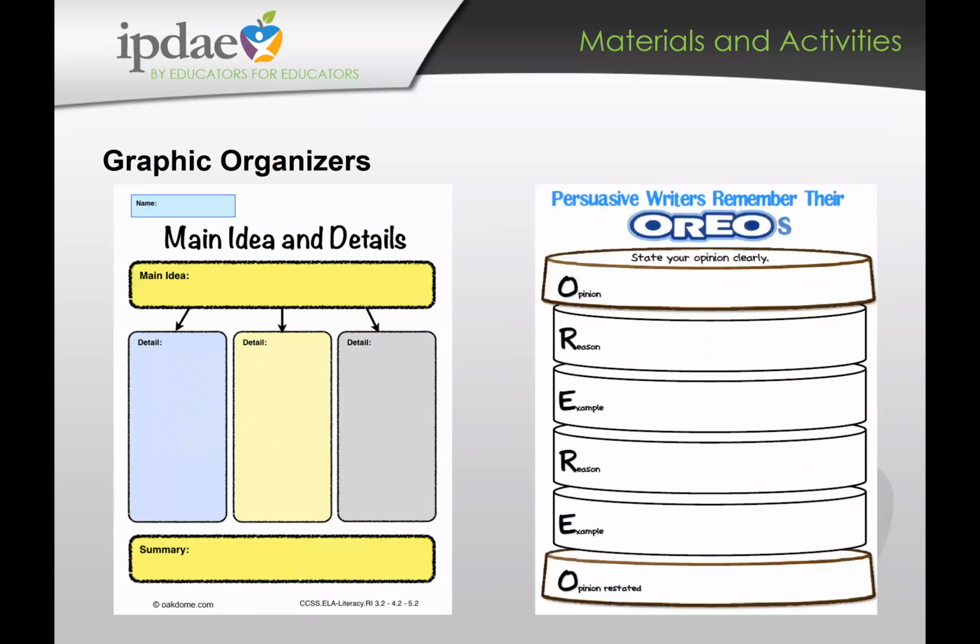I love graphic organizers. I take a lot of graphic organizers that I see on Pinterest and I laminate them because I want to reuse them, but I do not want to make so many copies of them. It allows my students to frame their thinking and to organize their ideas and then create a better writing at the end.